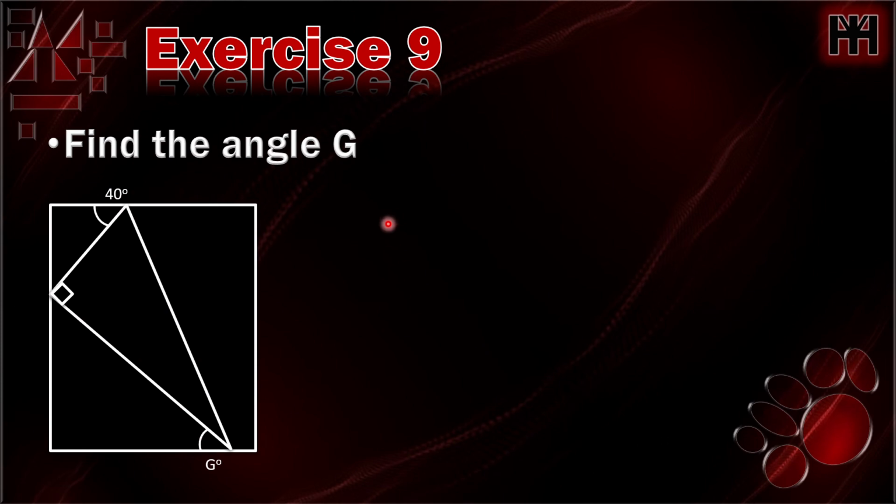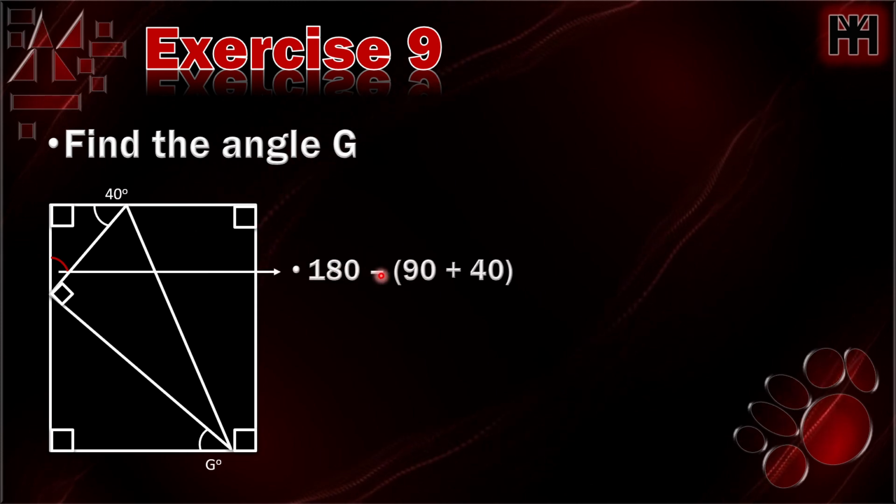We must find the angle G. This is a rectangle, so all of these angles here are 90, so we have 90 and 40. We can find this angle easily by subtracting 40 and 90 from 180, so it will be 50. And all of these angles here must add up to 180, as they share the same line.